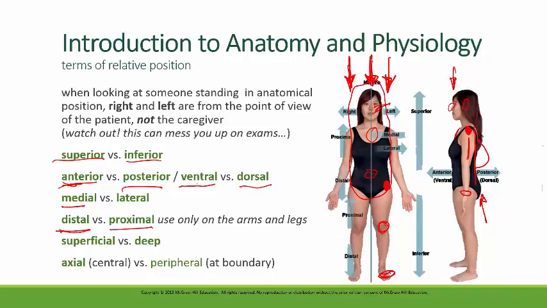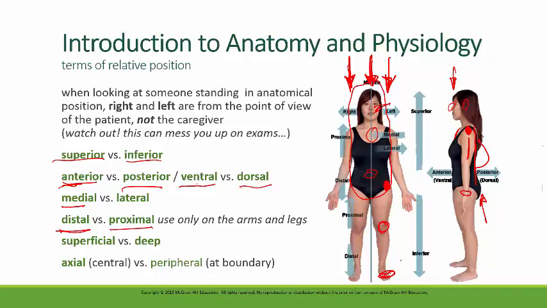So the patella is proximal because it is closer to the point of attachment up here at the hip than the toes are. This is always a confusing one for people. When things are distal, they are more distant from the point of attachment than the part that's being compared. So be careful with this. Practice in several different ways. I'm going to give you practice questions in just a minute.